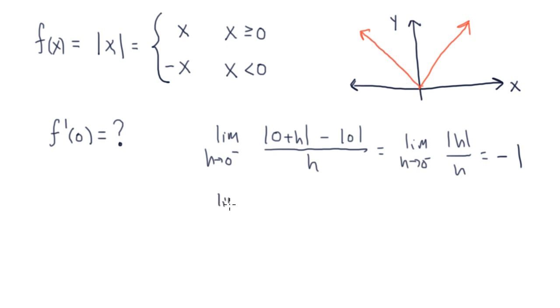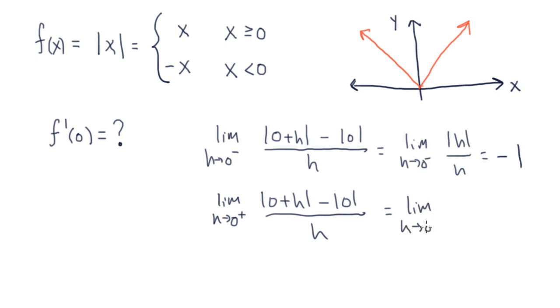And then the right-hand derivative is going to be the same thing, except this time, when we look at absolute value of h, we're to the right of 0, so we're just going to use h. So this is really h over h, which is 1. So the limit is just 1.